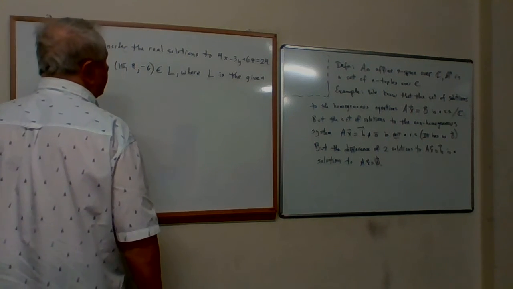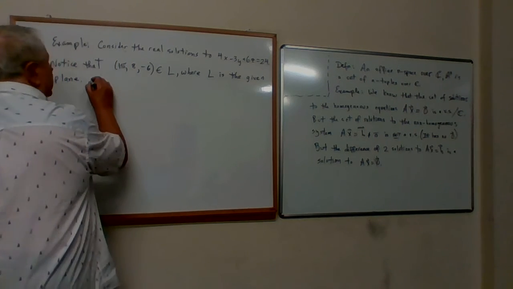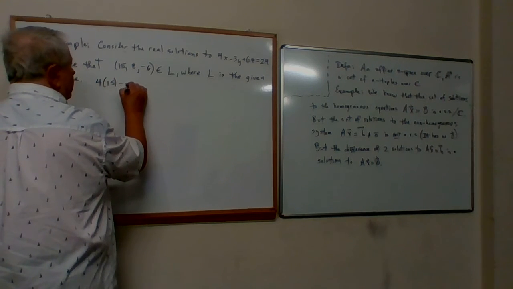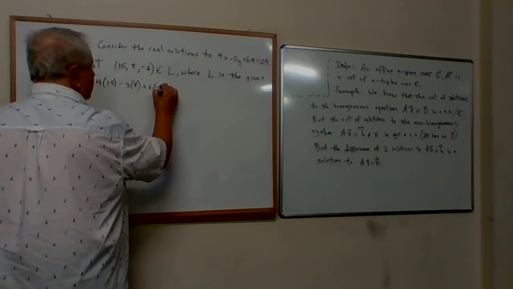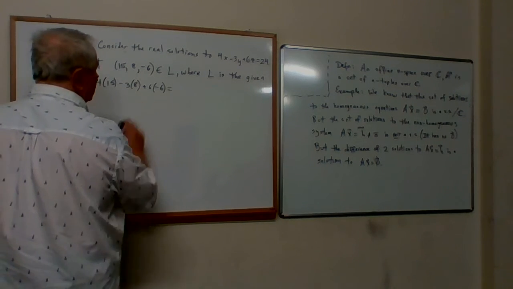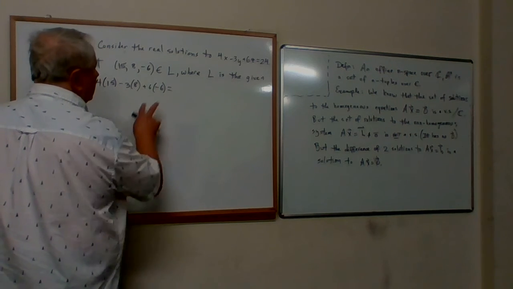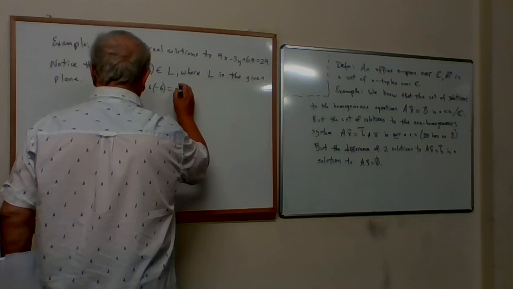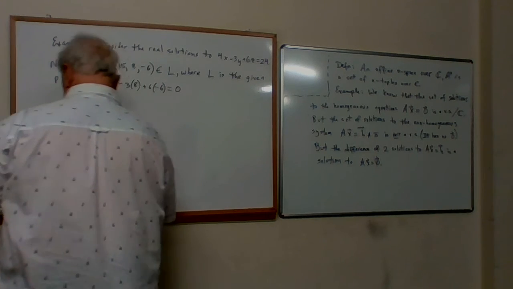Okay. And of course, it's easy to check that 4 times 15 minus 3 times 8 plus 6 times negative 6 is equal to 60 minus 24, 36. Let's see, 60 minus 24 minus 36, which is equal to 0. So that's not on that plane.